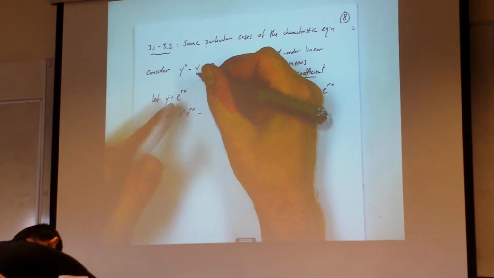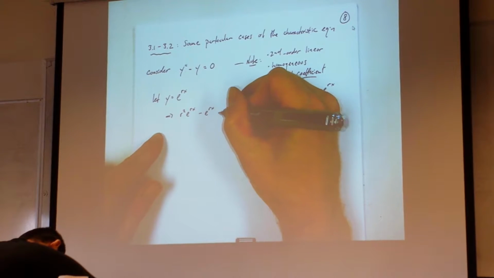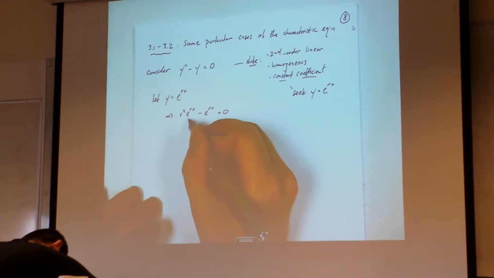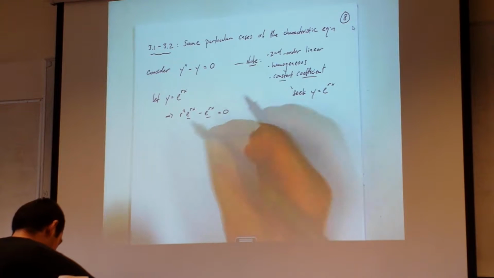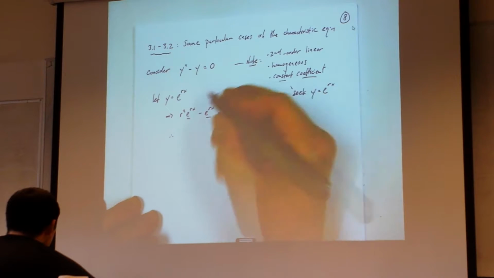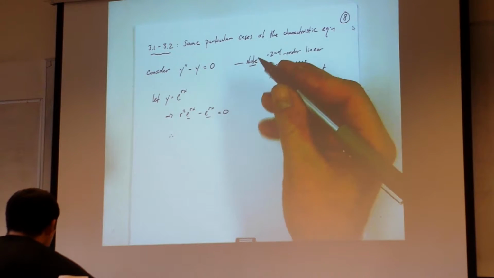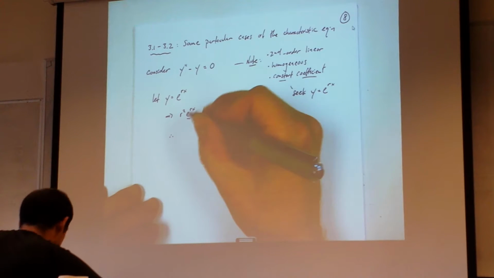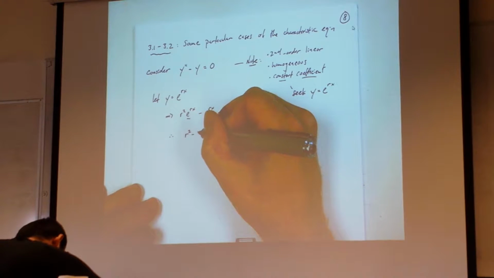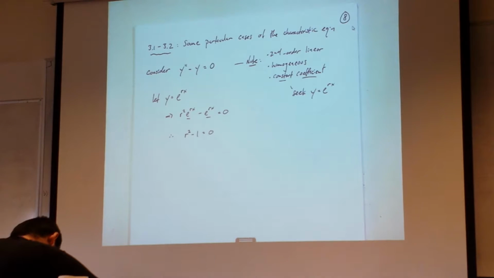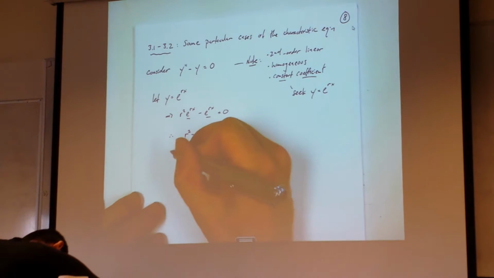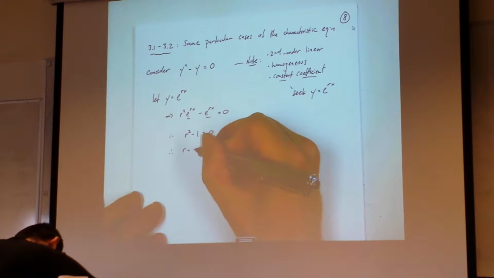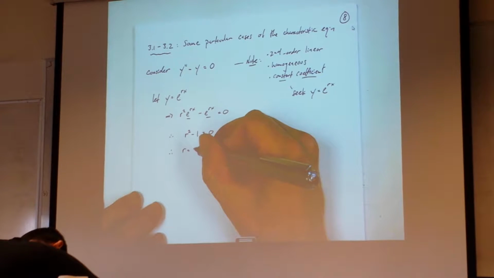Minus y, and that's just e to the rx, equals 0. This works so well with constant coefficients because that e to the rx never goes away. I factor that out, or divide both sides by e to the rx, however you want to think about it, but we get r squared minus 1 equals 0, right? So what are the solutions to this? 1 and negative 1, right?